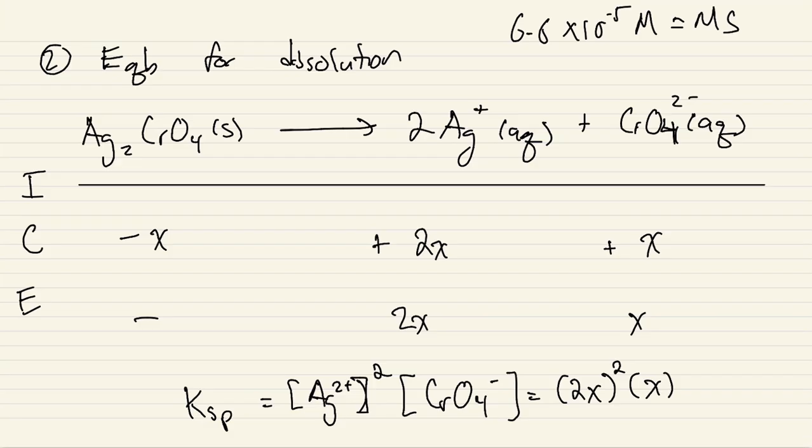Now we're kind of stuck at this point. We want to solve for Ksp, but we also have these two unknowns. The only other thing we're given is the molar solubility. Does anyone remember what the molar solubility was equal to in our lab?